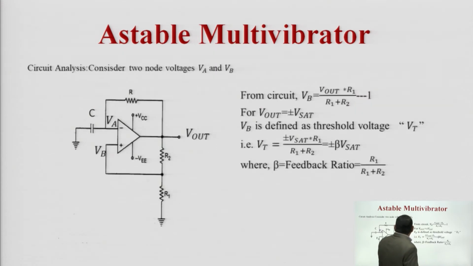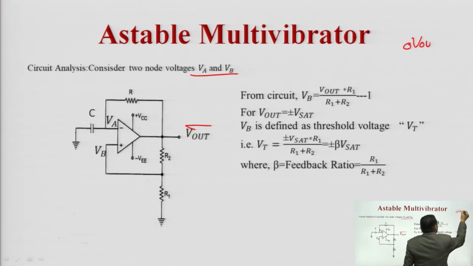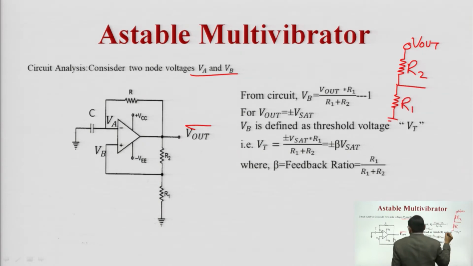Okay. So, now consider the circuit analysis. Consider two nodes V_A and V_B. Here V_A is the inverting terminal voltage and V_B is the non-inverting terminal voltage. From the circuit, this is the V out, this one R2, this is the R1, and this node is defined at the voltage V_B.